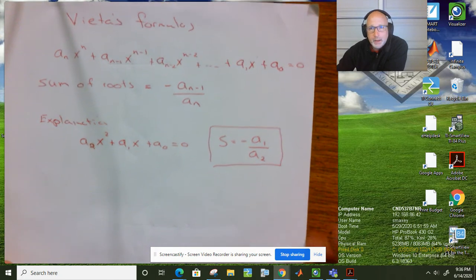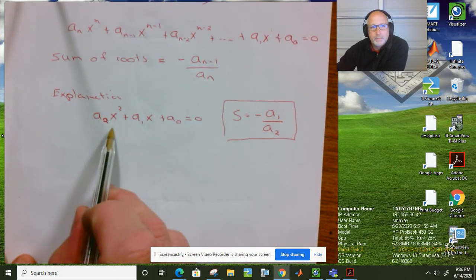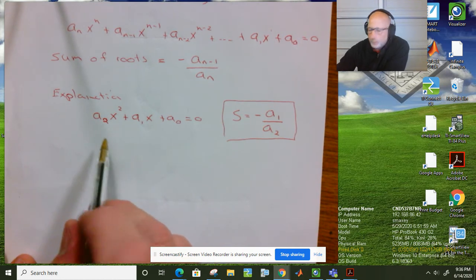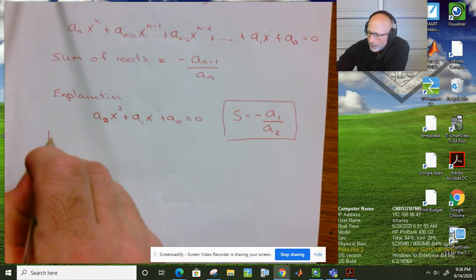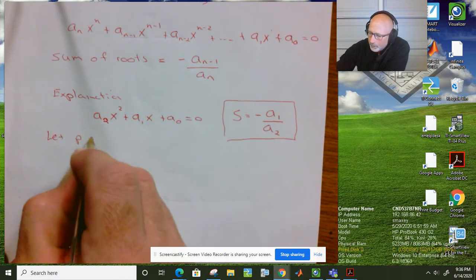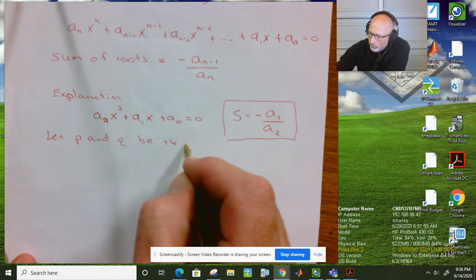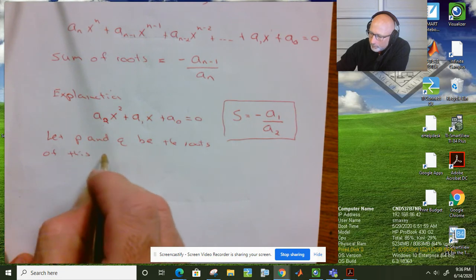Now, let me explain how I do this. Say, for example, we have roots here. This polynomial has roots, and I know that it has 2 roots because it is a second degree polynomial. So we're going to let p and q be the roots of this polynomial.